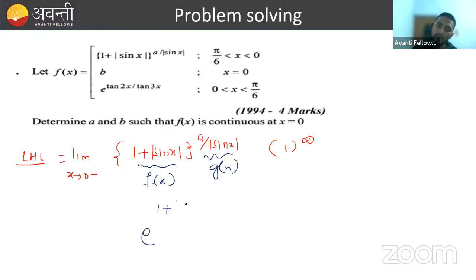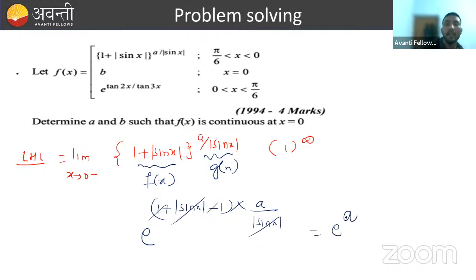It means 1 plus mod of sin x minus 1, into a divided by mod of sin x. So a cancels, sin x cancels. So what you are getting? e to the power a. That is the LHL value. What is the f of 0 value? f of 0 value is b.